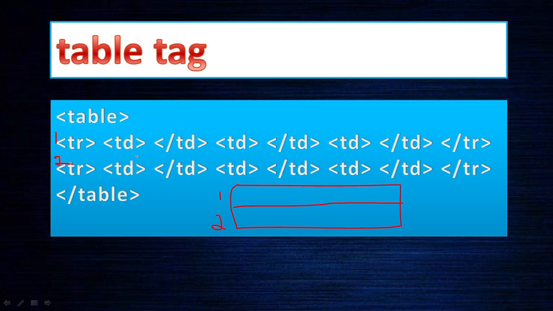In each row, this is one column, this is another column, and this is another column. Therefore there are 3 columns here, 1, 2, 3. How many columns you want? The TD indicates the column: open TD, close TD.